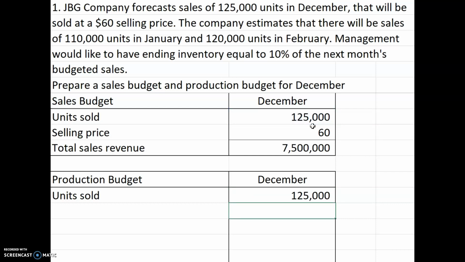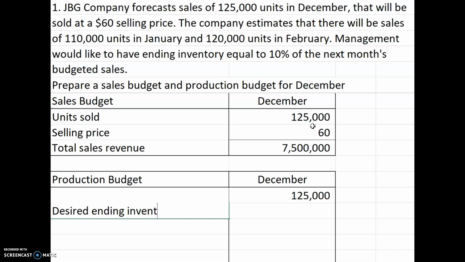But that's not all we want to have. We also want to have some units in our ending inventory. And so we're told that they want to have 10% of next month's budgeted sales. So we want to have 10% of January sales in our ending inventory.